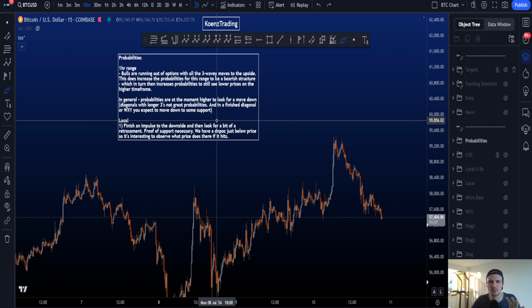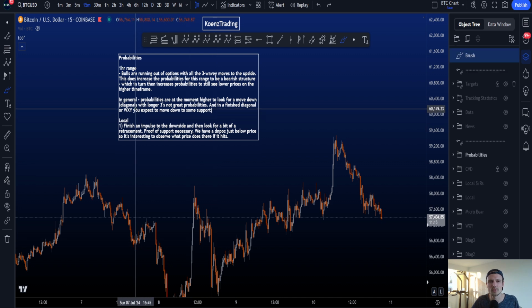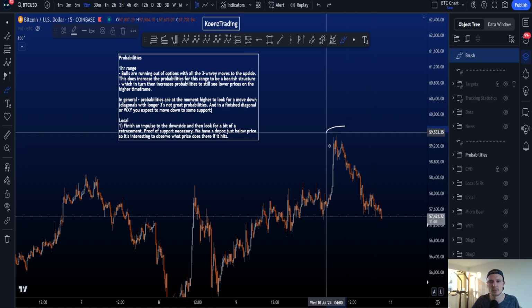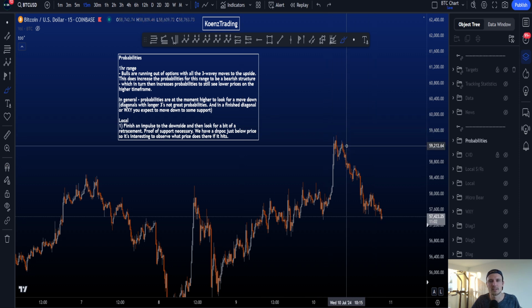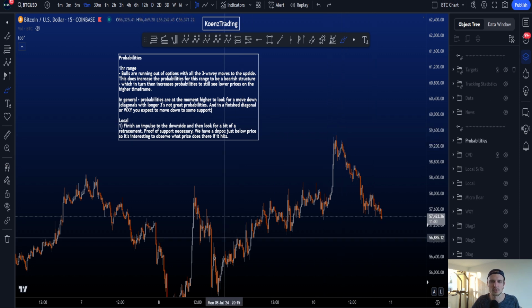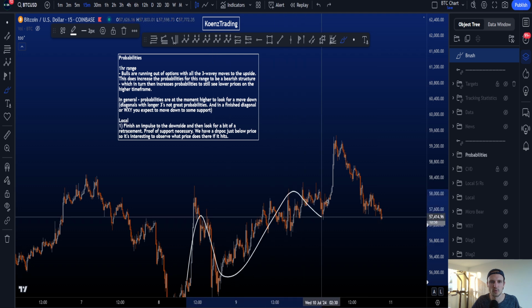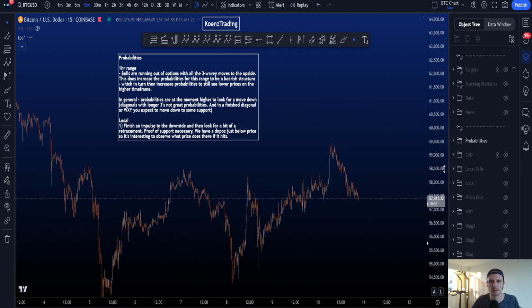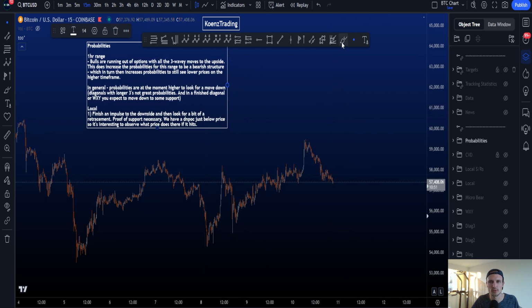So in general, looking for a bit of a move to the downside, also because with the diagonal with the longer wave threes, you can't really give great probabilities to these type of diagonals, right? Unless we have more information. And in a finished diagonal structure here at the high, you have a bit of a weird structure, right? 1, 2, 3, 4, and a wave 5. If we have these sideways WXY, you also expect a move down.